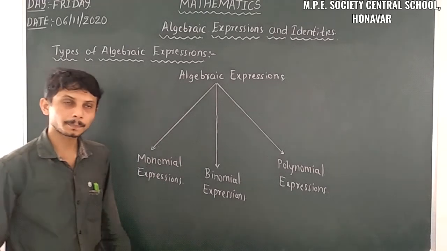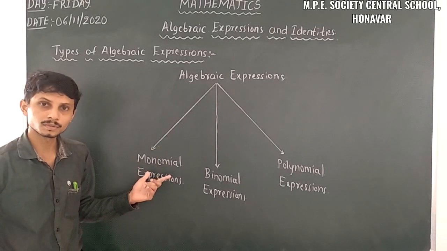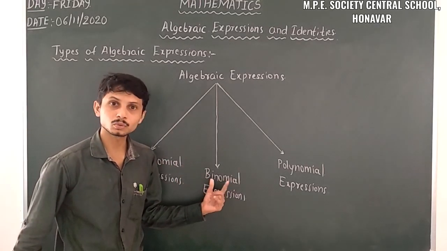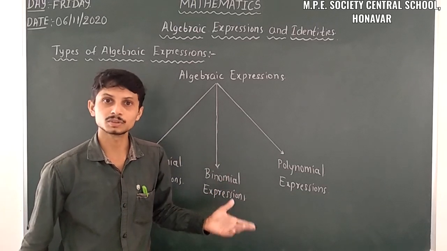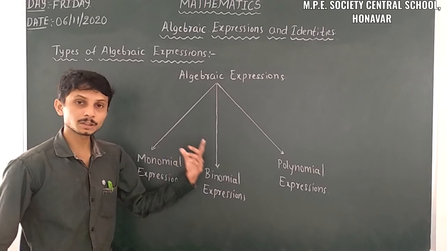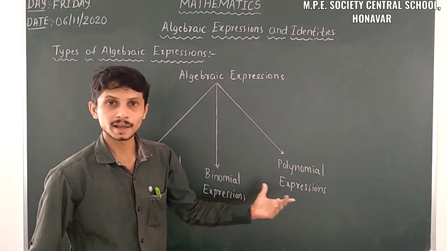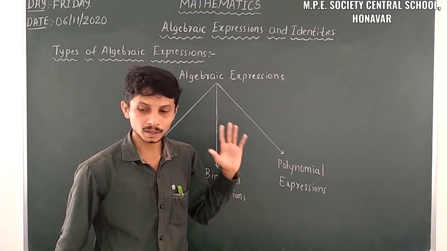These are the 3 major parts of algebraic expressions. Monomial expression means only one term, binomial expression means 2 terms, and polynomial expression means more than 2 terms. So there are 3 major parts, and we have to know them one by one.